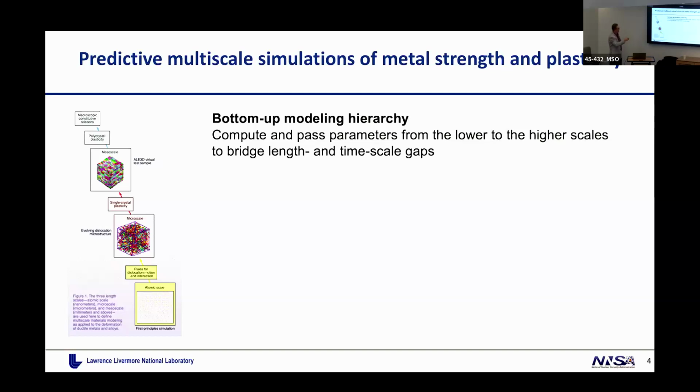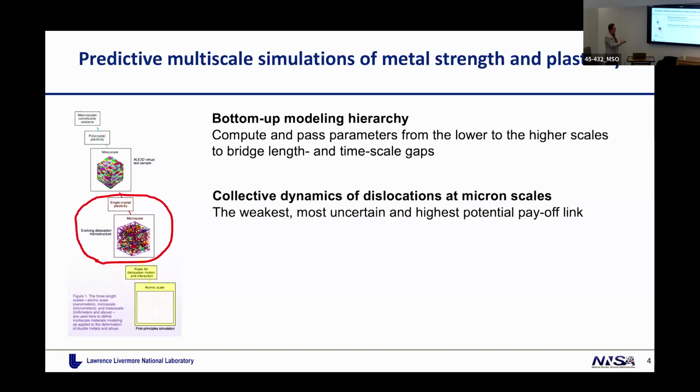And you can pass parameters from bottom to up. And if you do it right, then you can predict behavior of materials at the relevant scales of pieces, details, and the whole device and things like that.